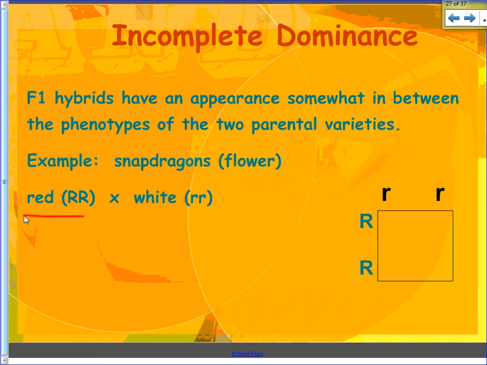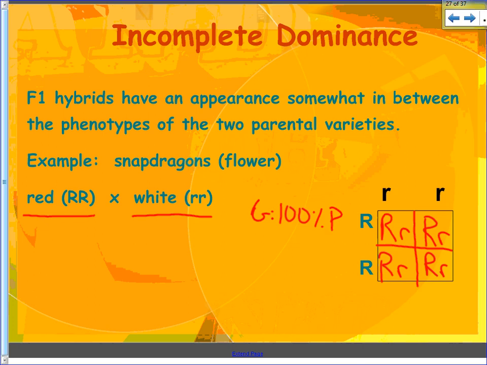The homozygous dominant condition is red, big R, big R. The homozygous recessive condition is white, little r, little r. If we cross these together, we find that all of them are heterozygous. And so the genotype is the same as the other crosses.